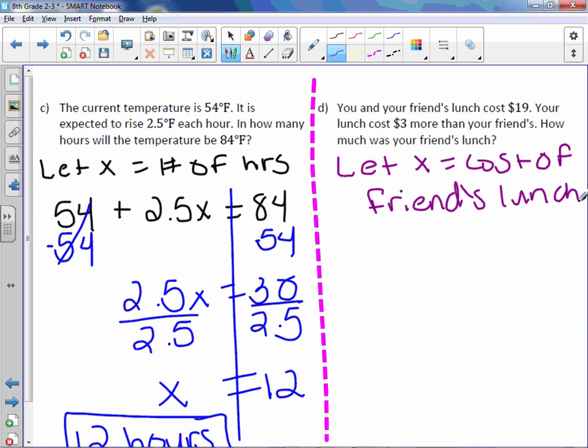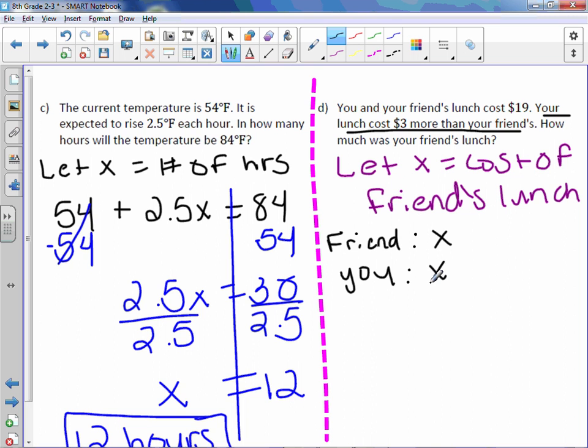Now, let me break this one down a little bit differently. We have your friend, and we have you. Your friend, we don't know how much their lunch is. However, your lunch costs $3 more than your friend's.